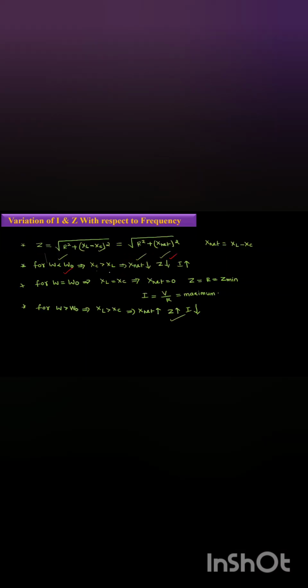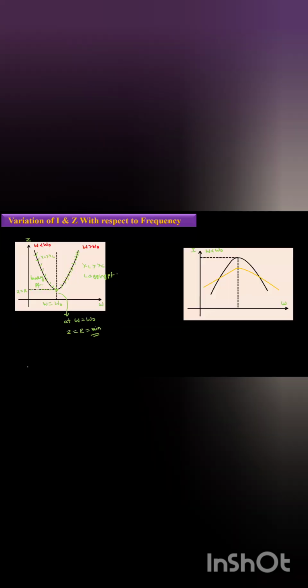Can you try I versus omega? If you draw the characteristics between I versus omega, I already explained this. For omega less than omega naught, Z is reducing, so I increases. Clear?